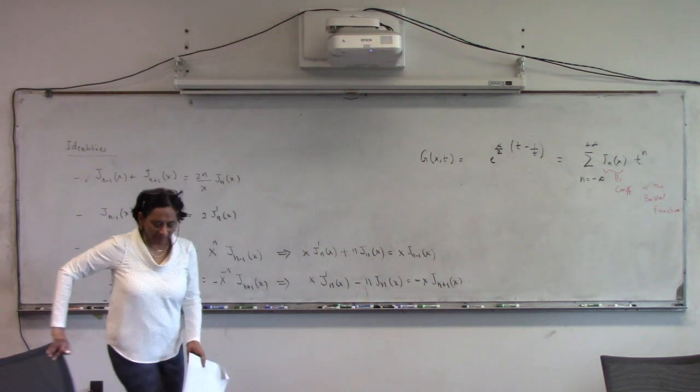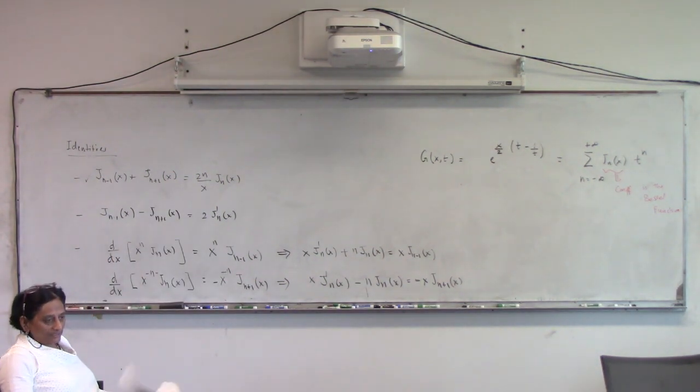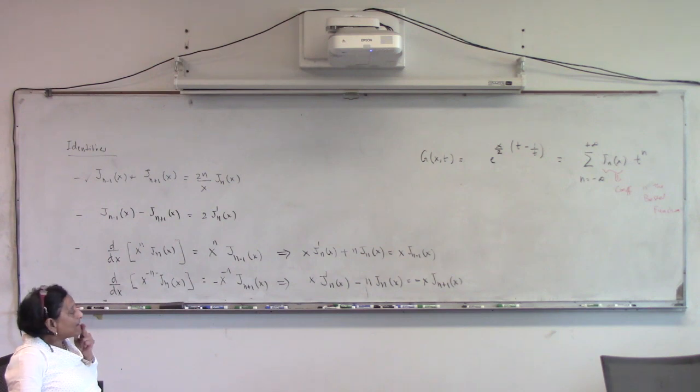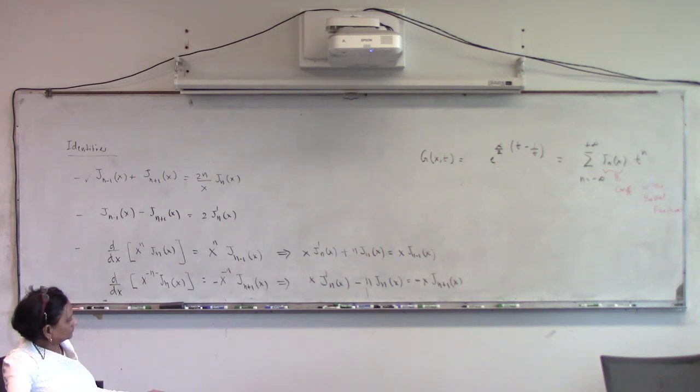The first one doesn't have derivatives, so I should take partial of g with respect to what? I don't have the first derivative of J_n. Just change the number and add them. What number? Then get 2n minus 1.